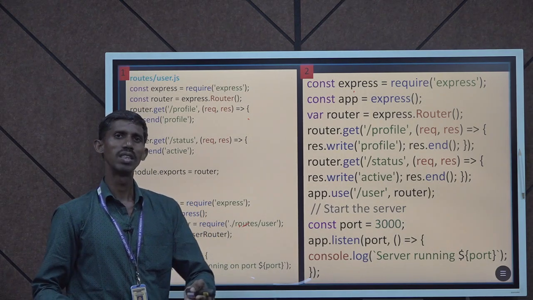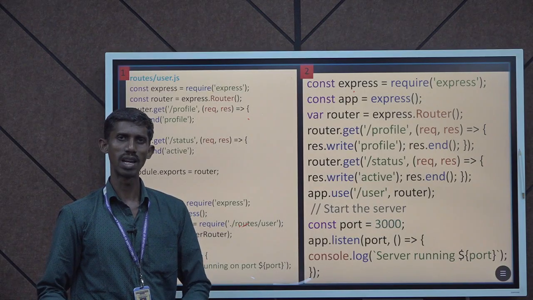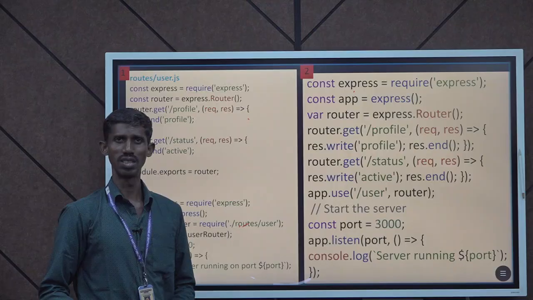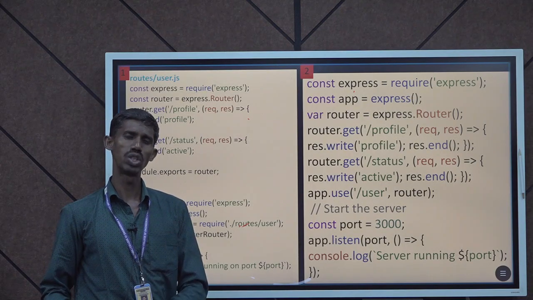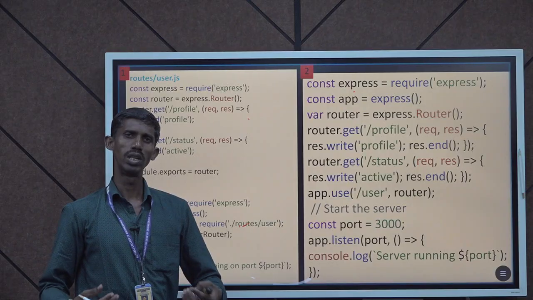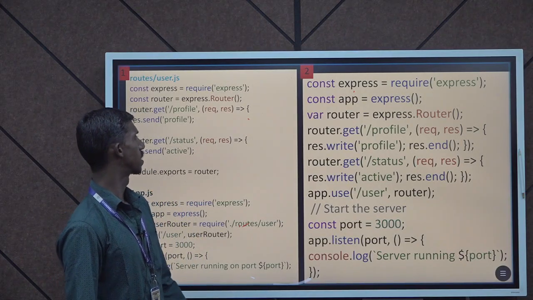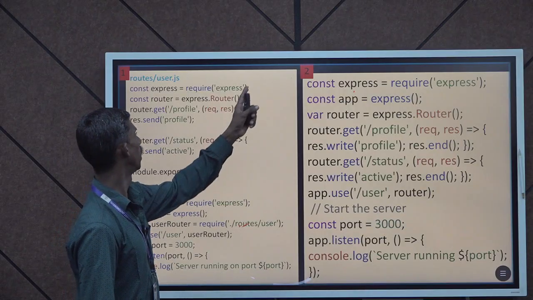Each person works in parallel, so this routing concept is very essential. After completing the implementation of each and every module, we just integrate them and get the final result.